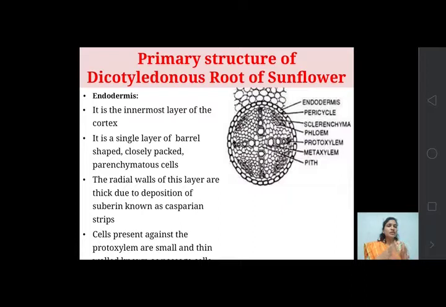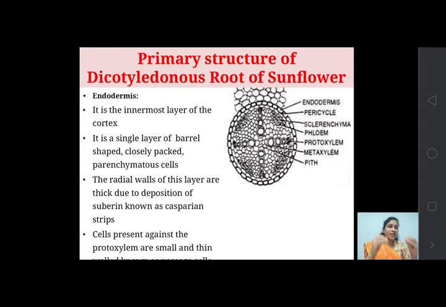Okay, so this is about the endodermis, which is a single layered structure of barrel shaped cells. They are closely packed. Their radial walls are thickened due to deposition of suberin, and hence they do not allow any substances from inside to the outside or outside to the inside.